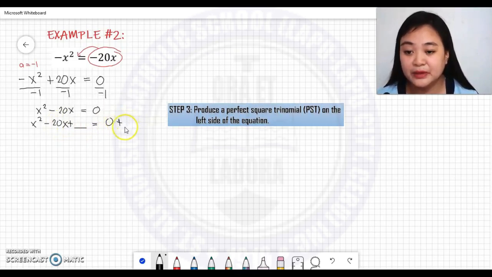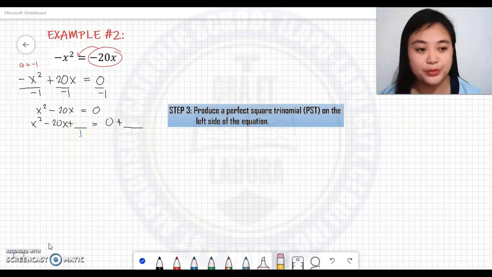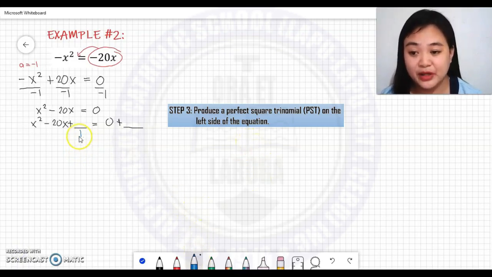Okay? So, we still review. We can find the third term of the expression by using this formula: b over 2 squared. So what is our b? Our b here is negative 20.